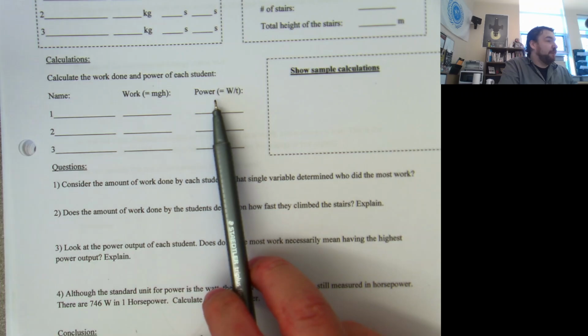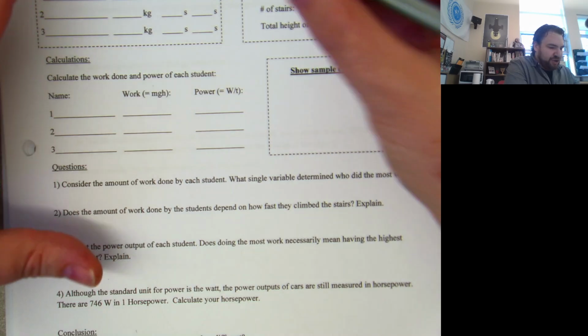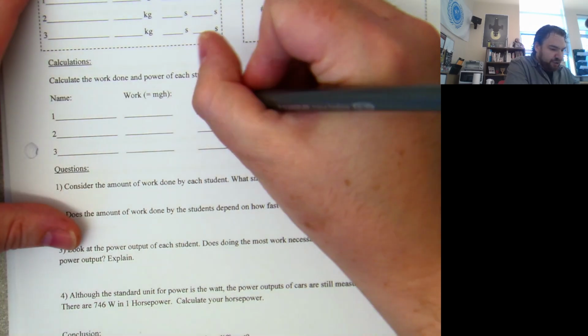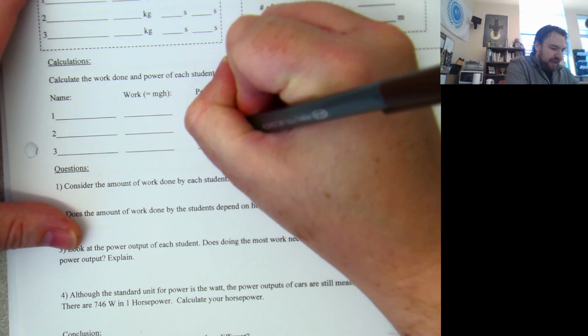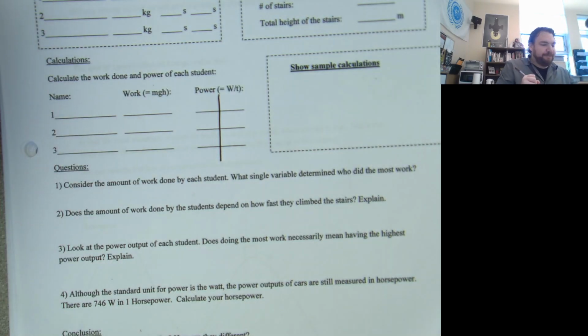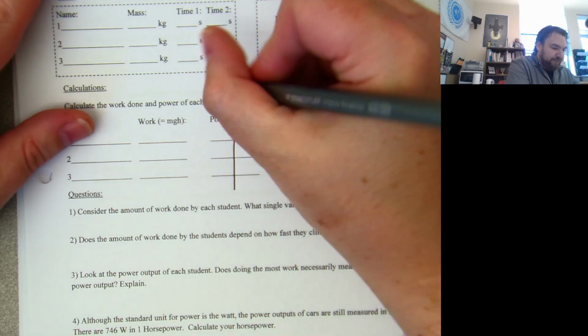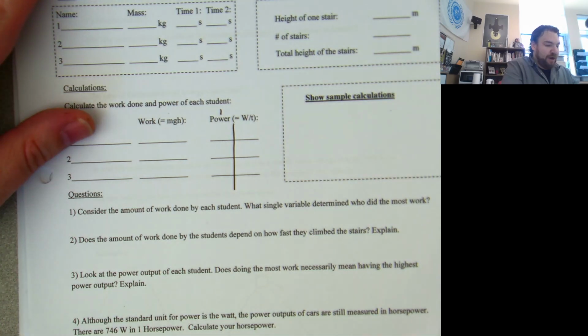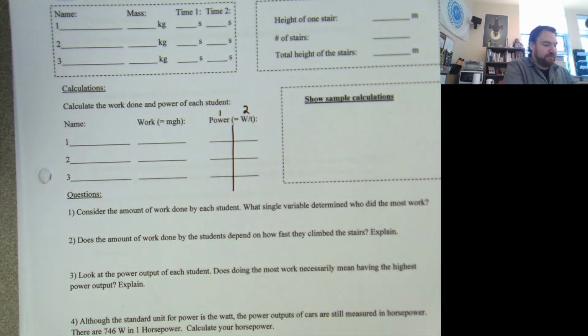The time will change depending on if you skip steps or if I force you to touch each step. So here I should have actually dropped a vertical line, because I want you to find both powers. Power for time 1 and power for time 2.